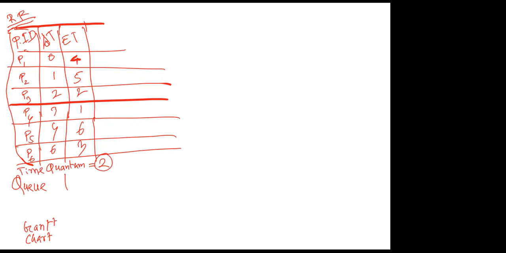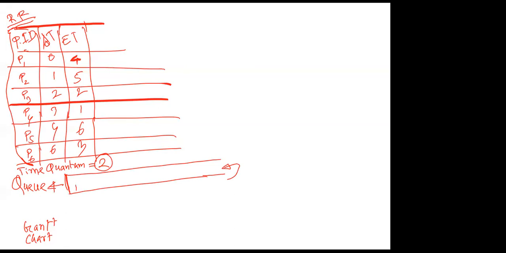It means that once you schedule a process to the CPU, it will execute two time units. Now let's check how it works. This is the queue data structure. You always know this queue will be inserted from the rear end, and it will be removed from the front side. So it will be first in first out, or first come first serve.